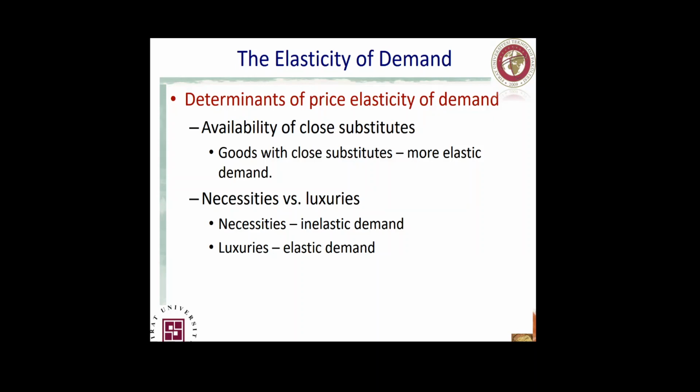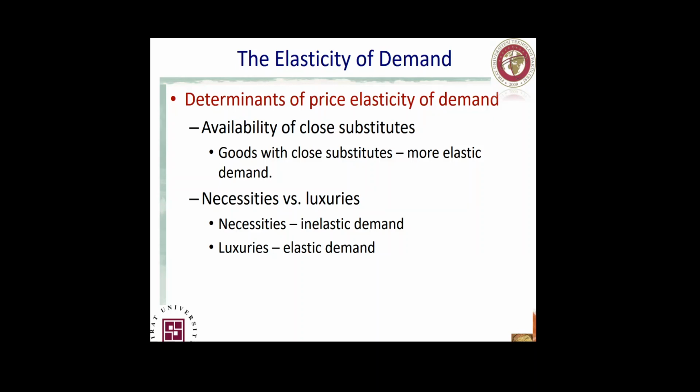So in that case, this is extremely elastic. That means you are ready to give it up or reduce too much the amount when the price goes up high. So this is the idea of elasticity. If the price falls down, then quantity increases. If the price goes up, the quantity reduces. This is the idea of elasticity.